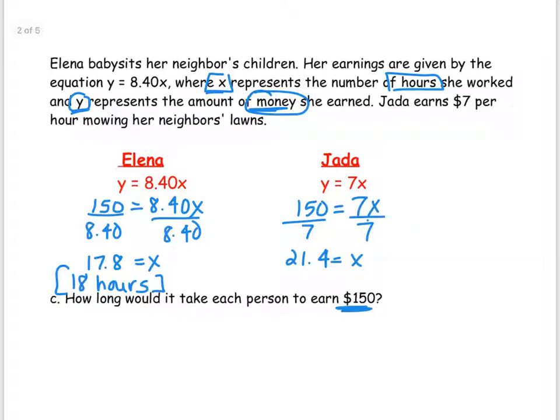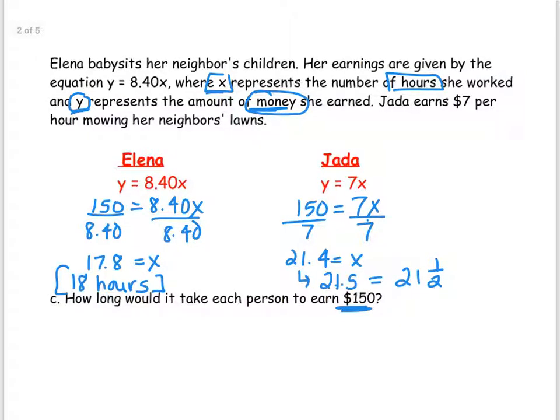However, she has to work 21.4 hours. That means if she just works 21, she will not make 150. But yes, I could round up to 22. However, 21.4 is very close to 21.5, which is the same as 21 and a half hours.